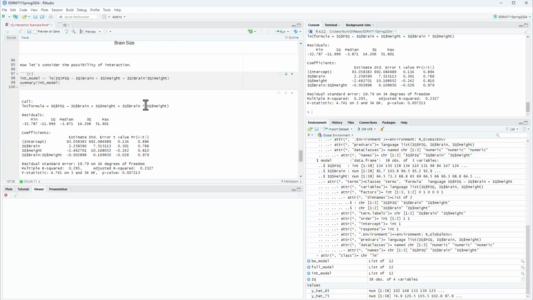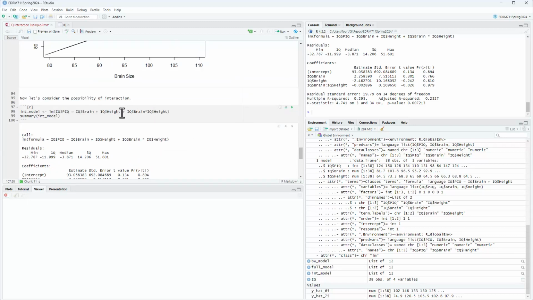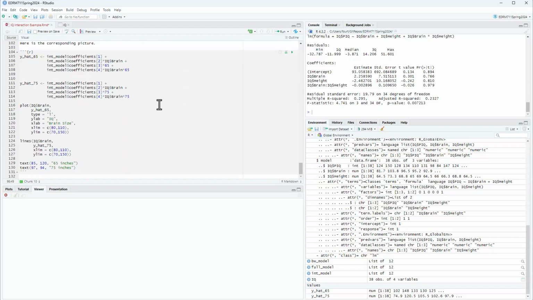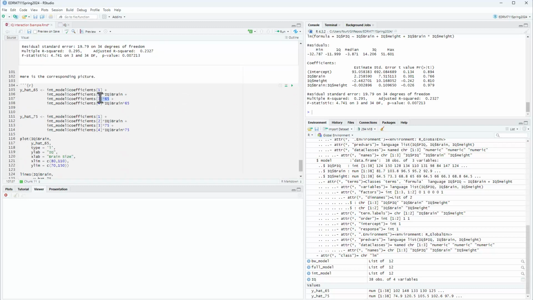Look back at our model. It's going to appear right here for height, but it's also going to appear here multiplied by brain size. So that's why you see down here a 65 for the third coefficient, which is for height, and also a 65 for the interaction coefficient, but 65 multiplied by brain.